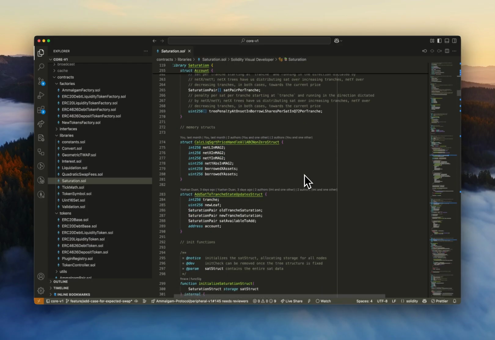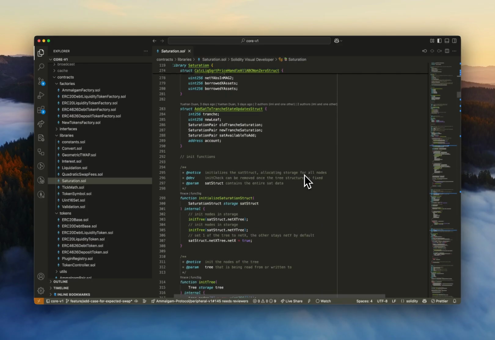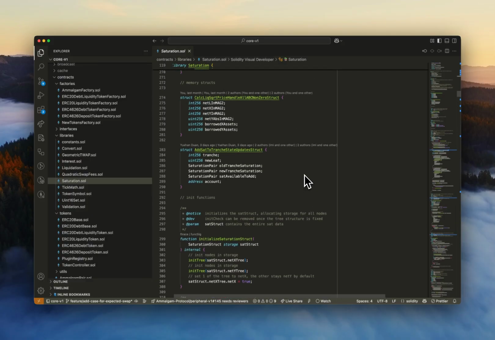We also borrowed a function from Mangrove, who also solved this problem in constant time with a different data structure.